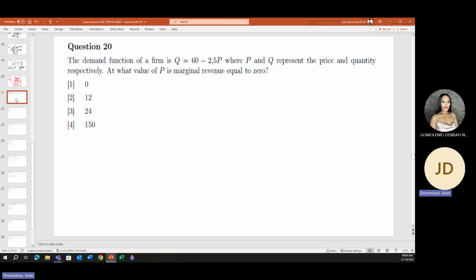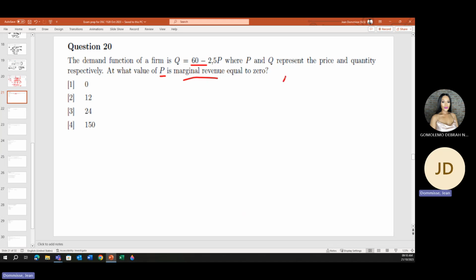So now suddenly from a turning point, we go into needing to work out a marginal revenue. So let's look at what they tell us. The demand function of a firm is that, where P and Q represent the price and quantity respectively. At what value of P is marginal revenue equal to 0?